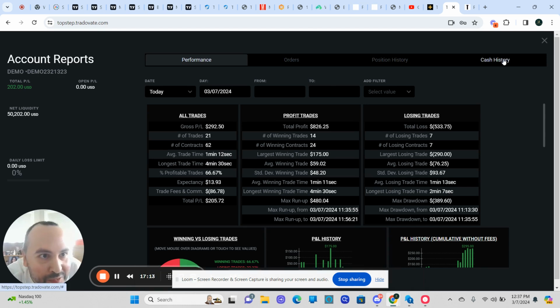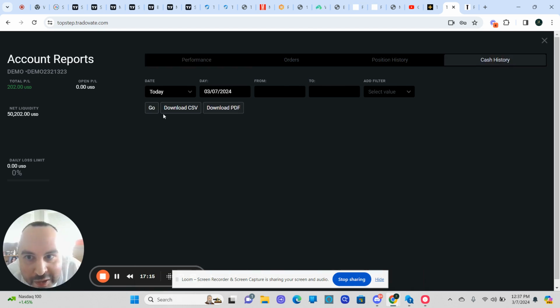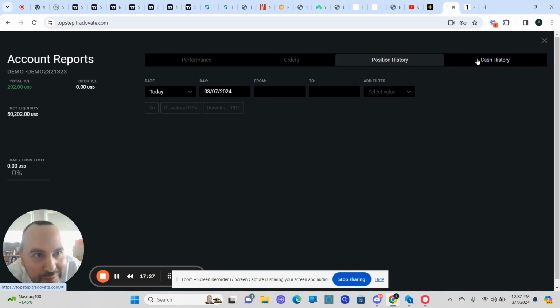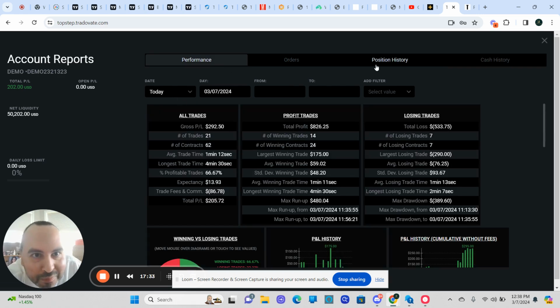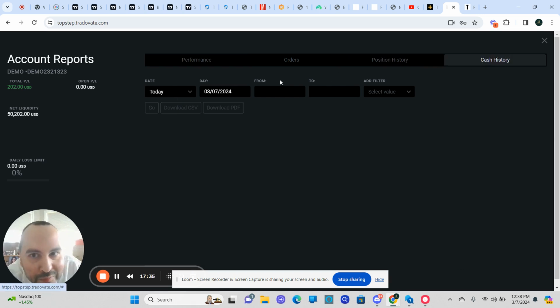Let's see what else. Cash history. So this just kind of shows you. Again, it goes through, if it loads, no, you're not gonna load. Okay. Well, that's weird.